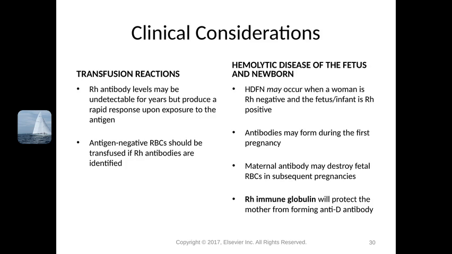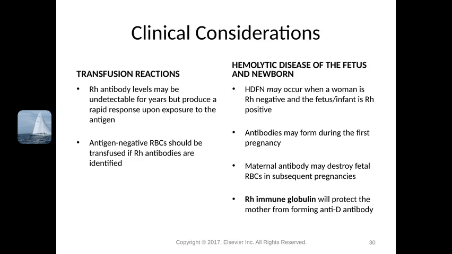And this antibody can destroy fetal red cells in subsequent pregnancies. So if this patient is not protected and forms an Rh antibody or an anti-D, future pregnancies can result in anything from hemolytic disease of the fetus and newborn, to a stillbirth, spontaneous abortion, or miscarriage.